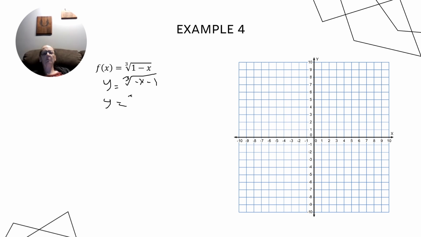So we have the cube root of -1 times x plus 1. And now we'll pull that apart. So we get the cube root of -1 times the cube root of x plus 1. Since this is a cube root, we can take the cube root of a negative number. The cube root of -1 is -1.